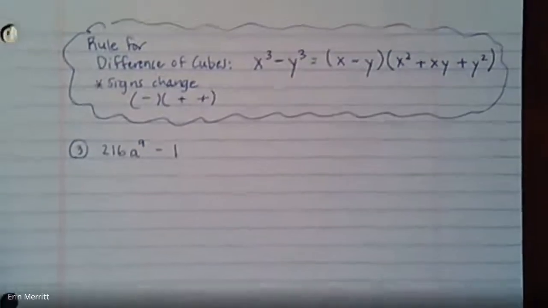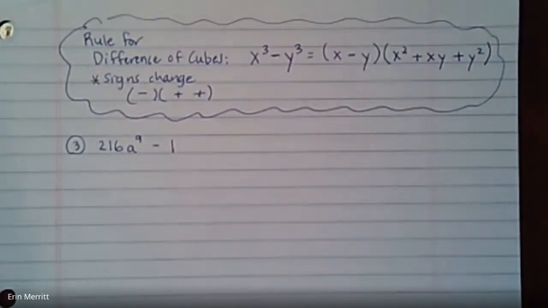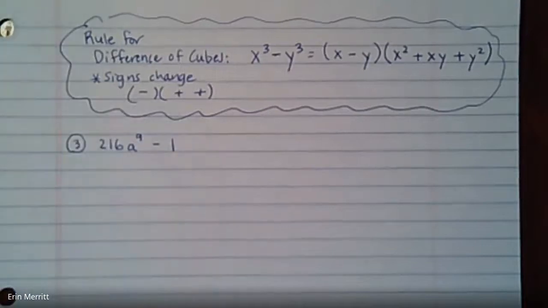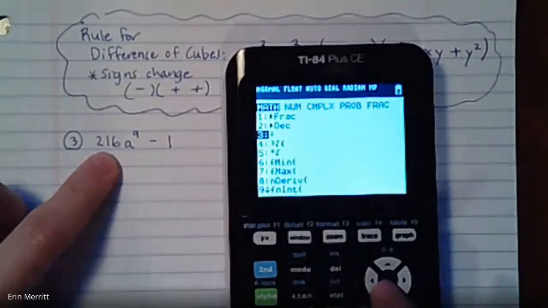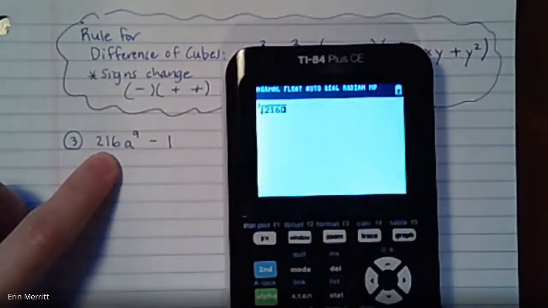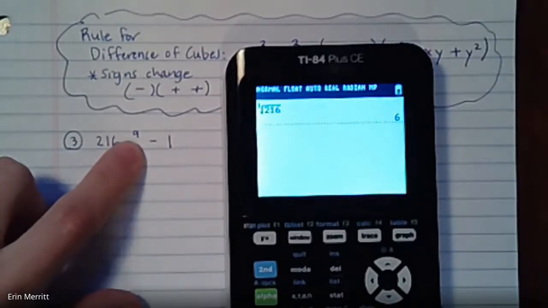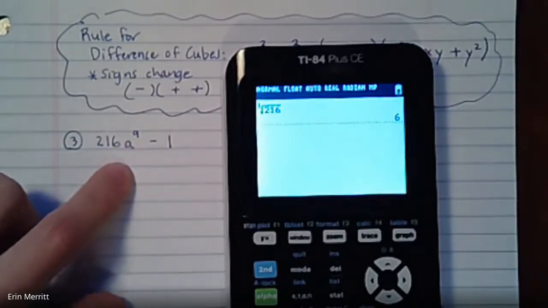All right. First things first, you have to make sure it's a difference of perfect cubes. So grab your calculator, if need be, and take the cube root of that thing. So if we go to math, cube root, we're good to go. If it's not a cube root, then it's not a difference of cubes. So easy. The fact that the exponent is a multiple of 3, that's helpful there.